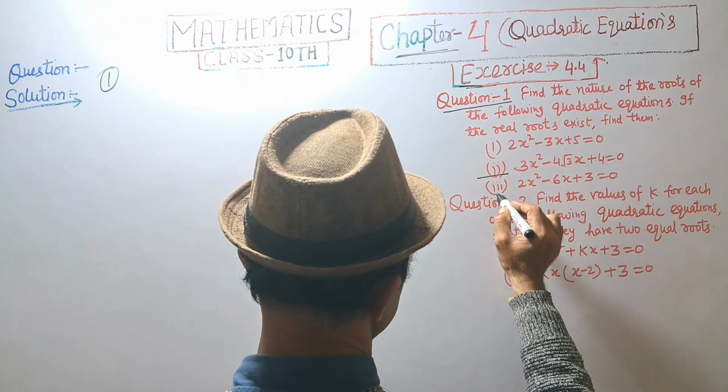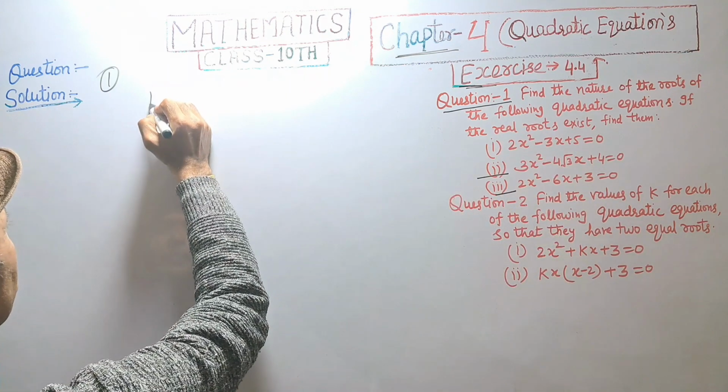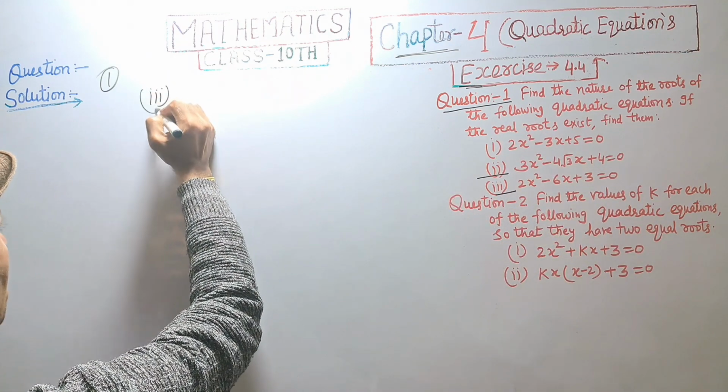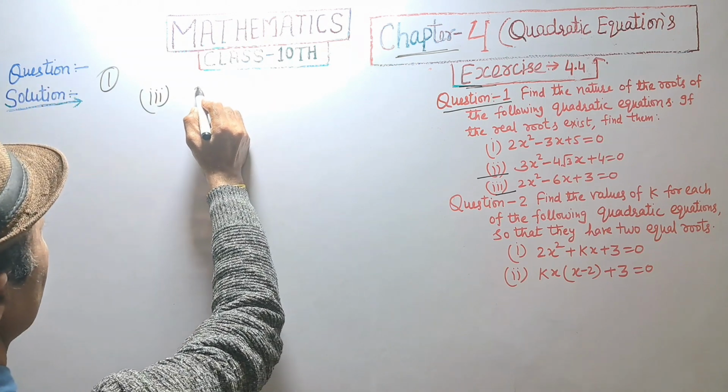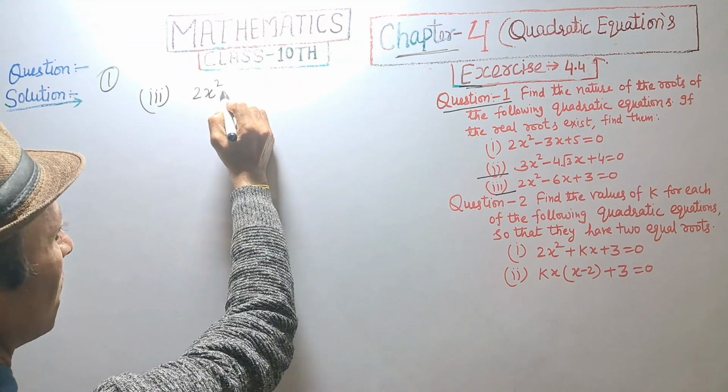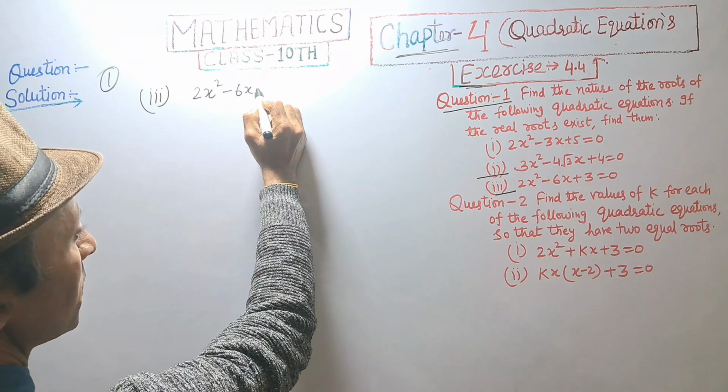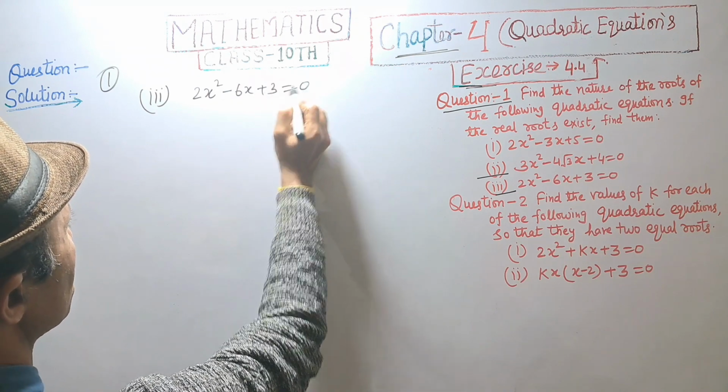Question number first, third part. Given 2x square minus 6x plus 3 is equal to 0.